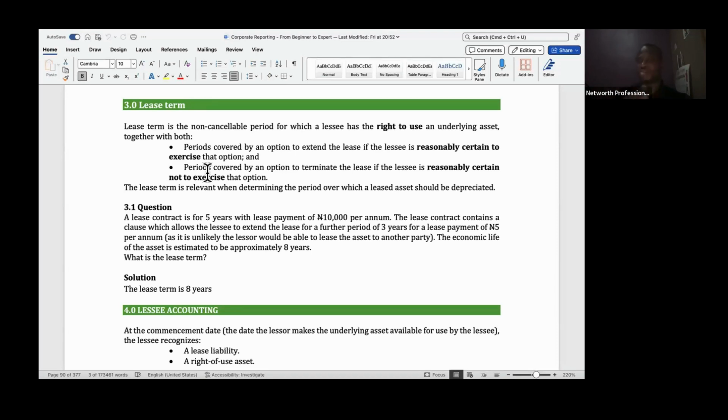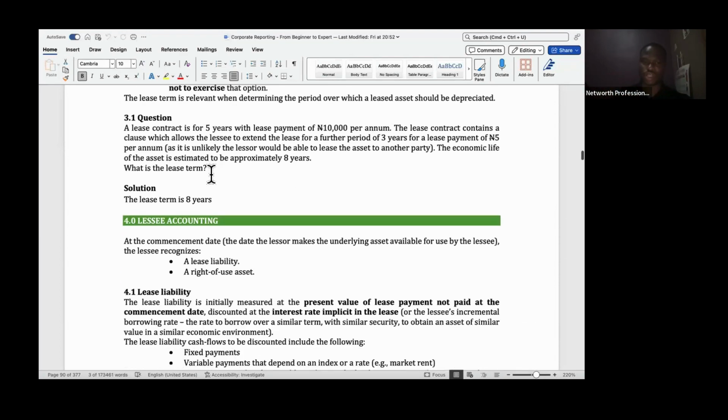Favorable or not favorable would be determined at the inception of the lease. Then you would decide whether the entire period plus the period of extension is the lease term or not. The key thing we look out for is whether it is favorable or not favorable to the lessee. We solved a couple of questions on that.